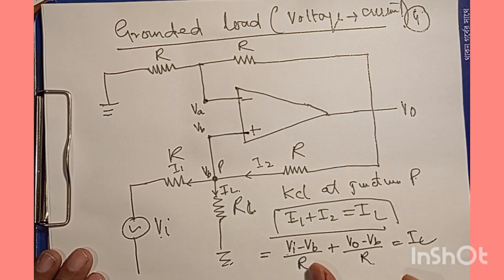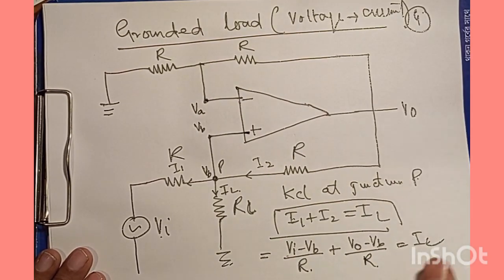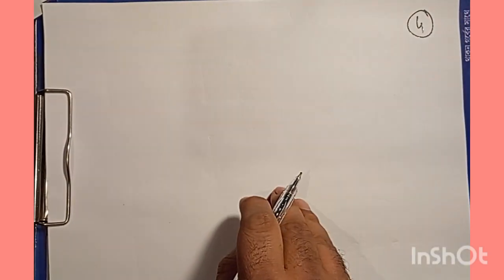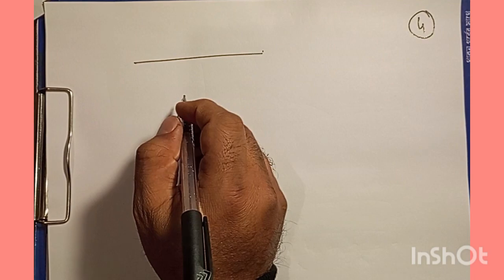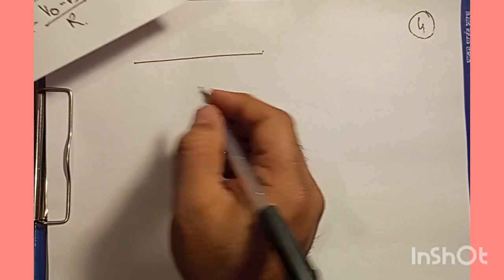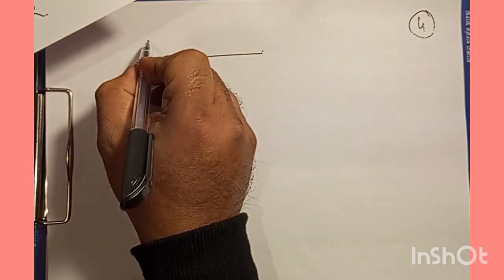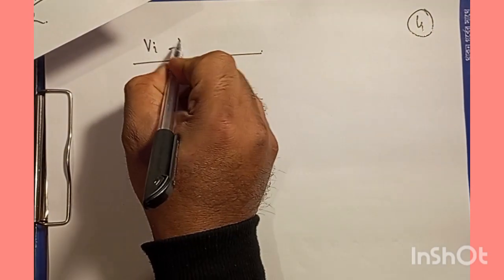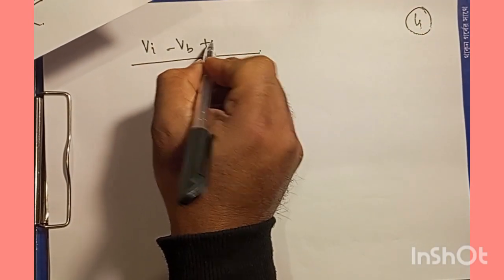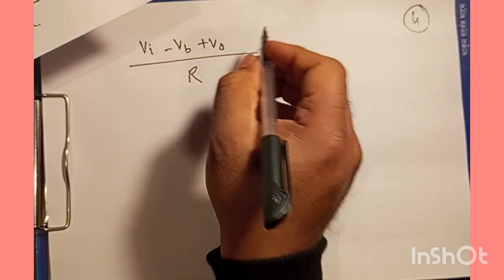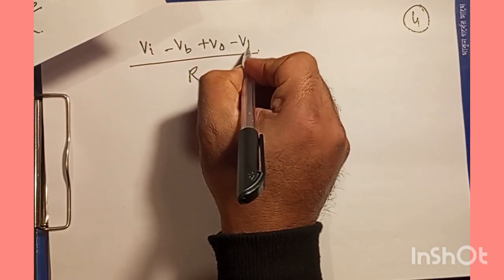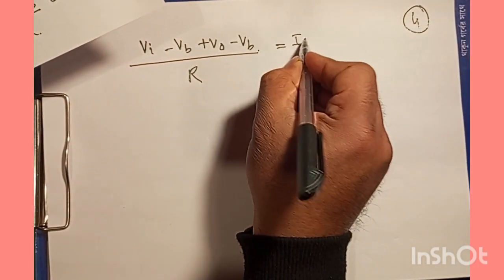Okay. And now let us solve this. We will take the LCM here. So this is R, and the numerator is VI minus VB plus V out minus VB, equal to IL.